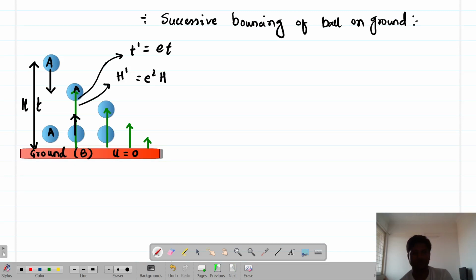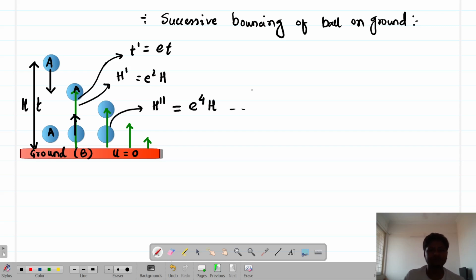Is this clear? So let's suppose there are n successive collisions. Once again, if you put e square h, velocity and all those factors, you'll see that this h double dash, this is the second collision, becomes e to the power of 4 h.